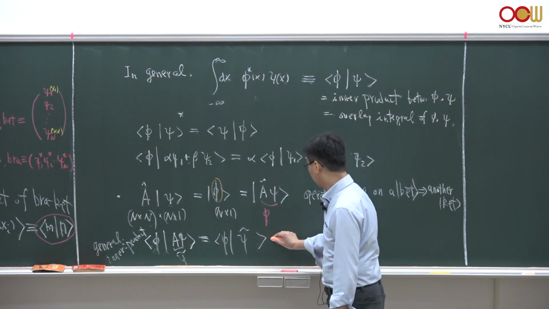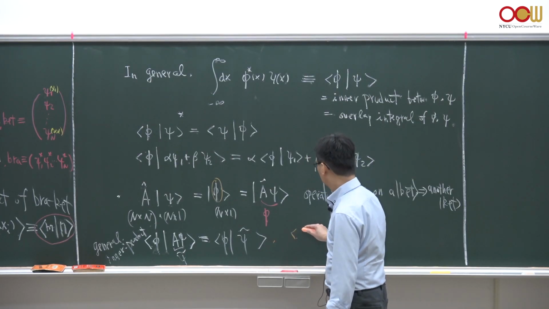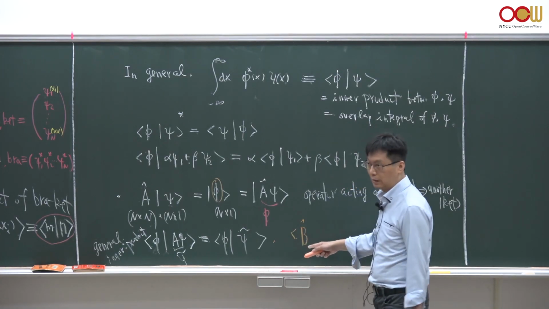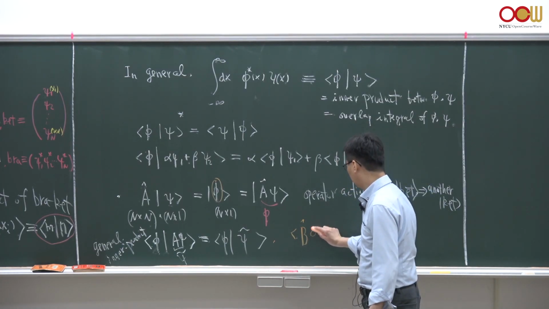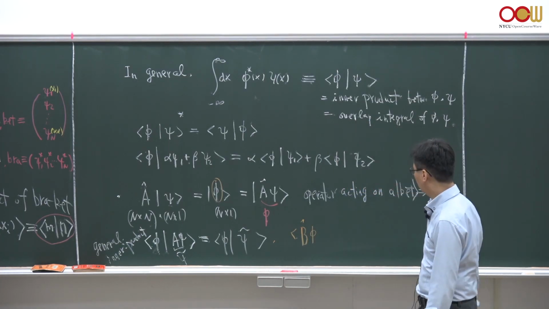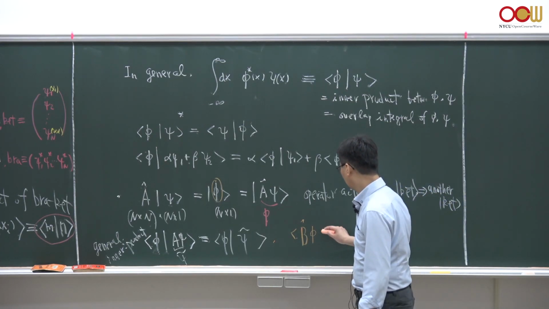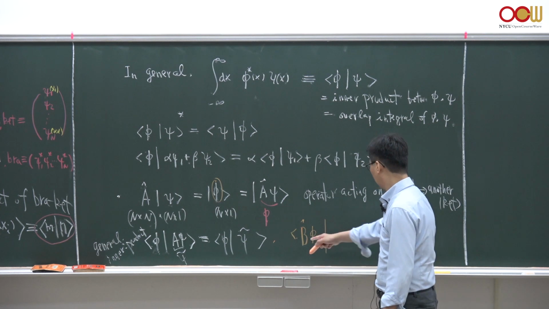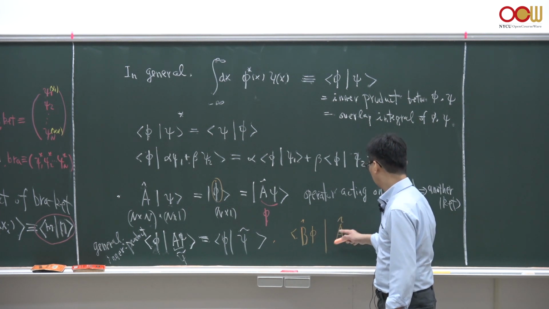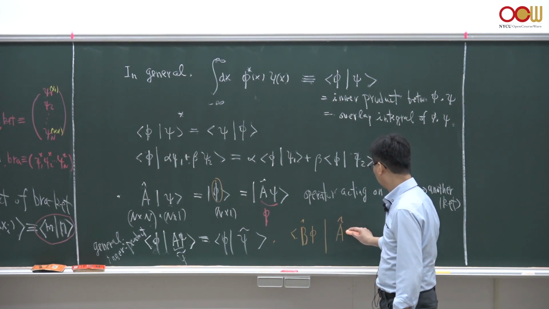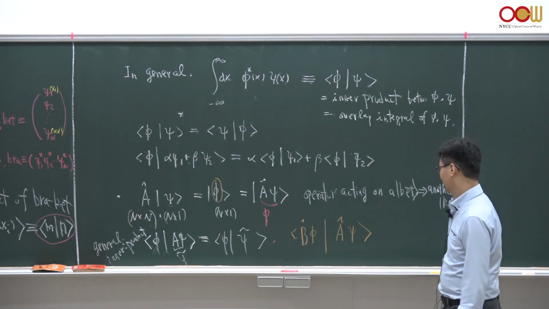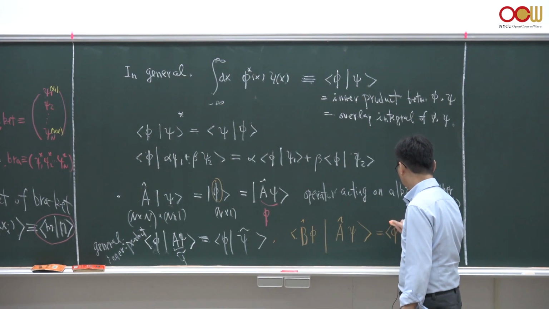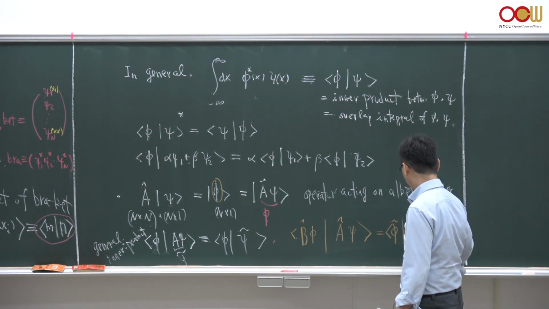So likewise, you could consider even more general inner product in Dirac notation. It's like using this operator B, you actually apply to some quantum mechanical bra state phi, and you make an inner product between this bra state and the ket state, which is the result coming from this A operator acting on psi. Right? So this is the inner product between phi theta and psi theta.